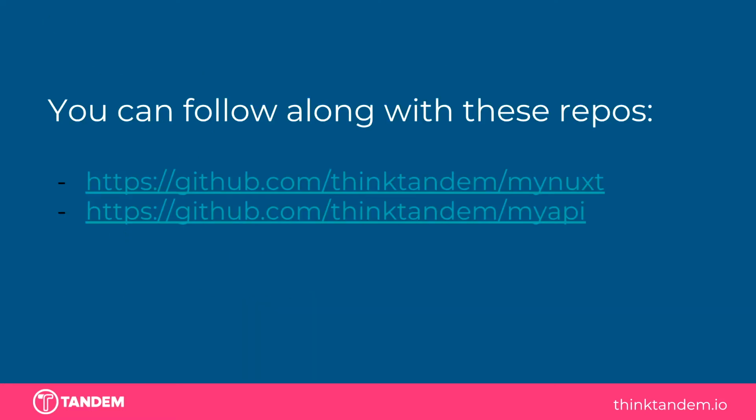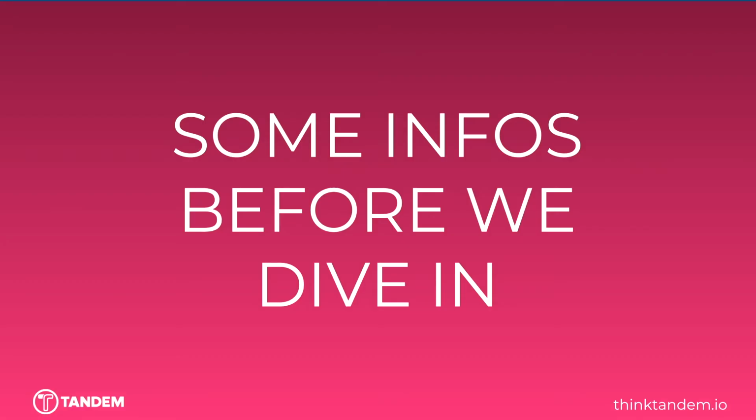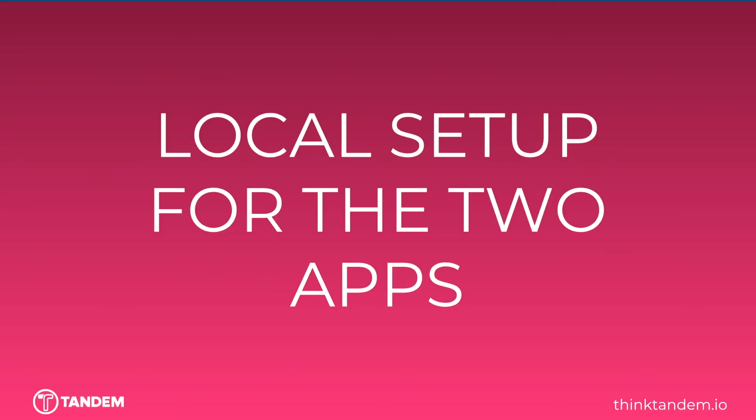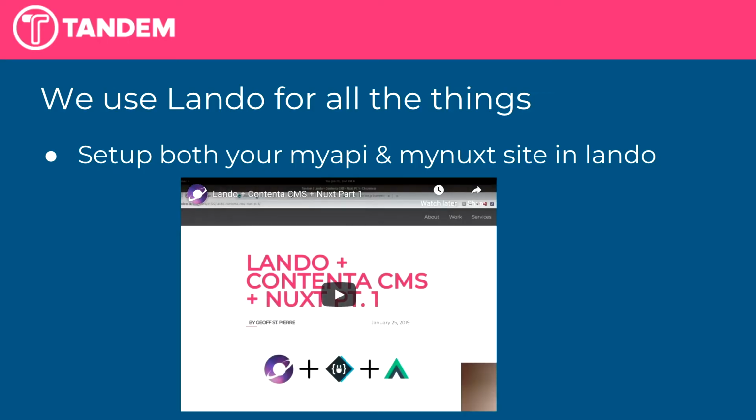The actual code I'm talking about is up on GitHub. You can pull it down and theoretically get it working the same as I have. If you're interested in playing around with that, those are the repos. The dependencies we need to get this running are Lando, Contenta CMS, and Nuxt.js.